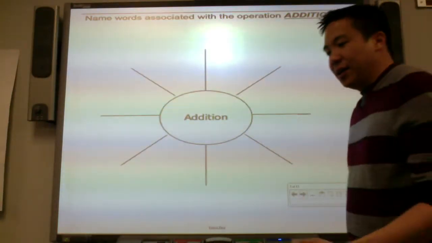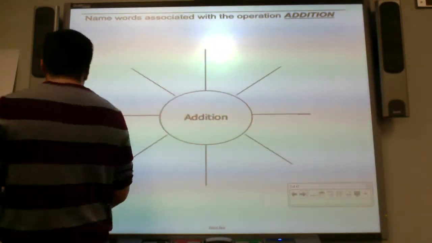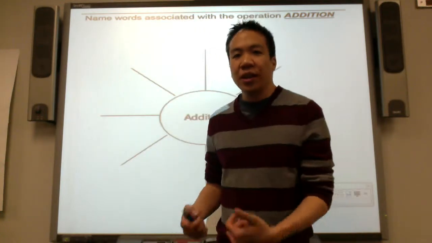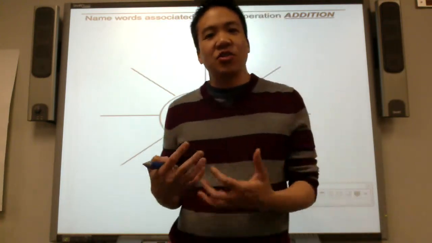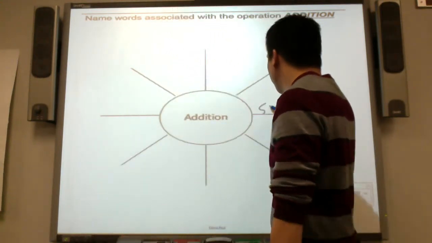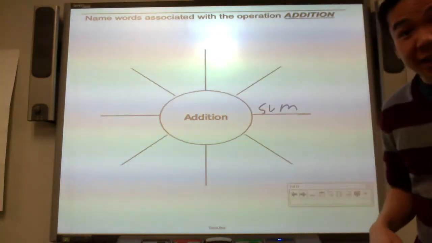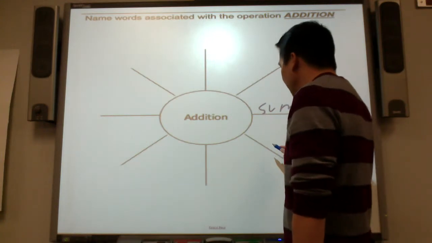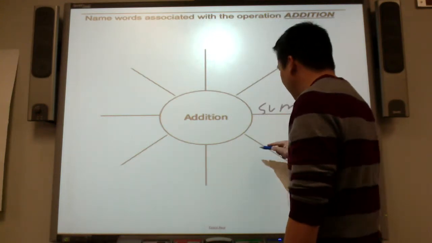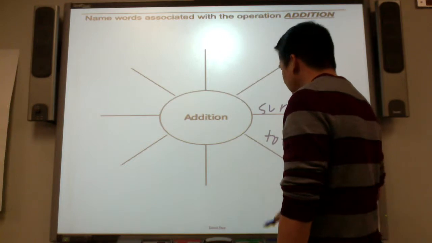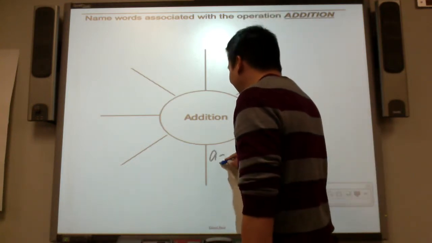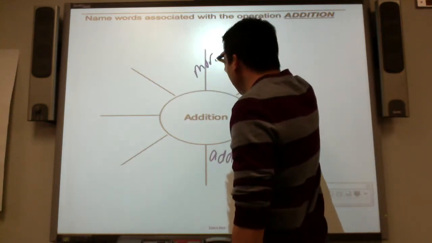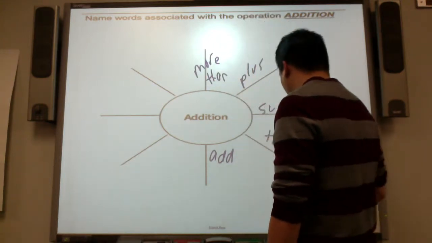So before we begin, do you know different words associated with different operations? Because if you know your words, your terms, then this lesson should be easier for you. If you see the word sum, that's adding. Sum, total, add, plus, more than, those are addition words.